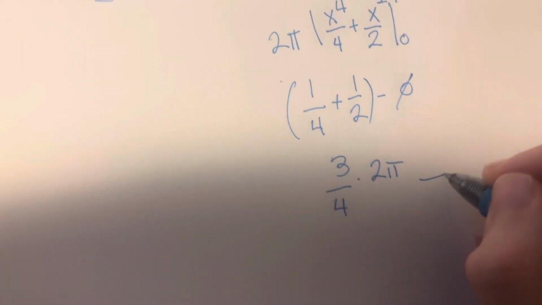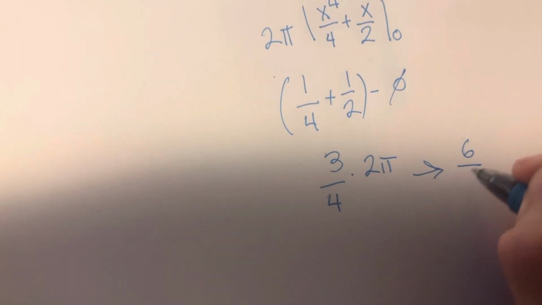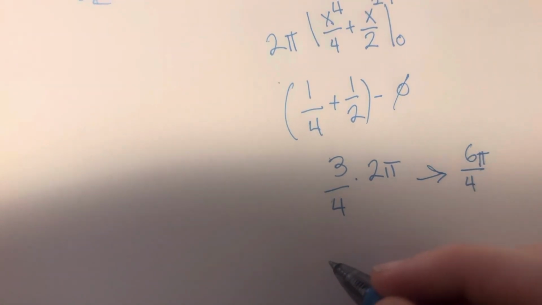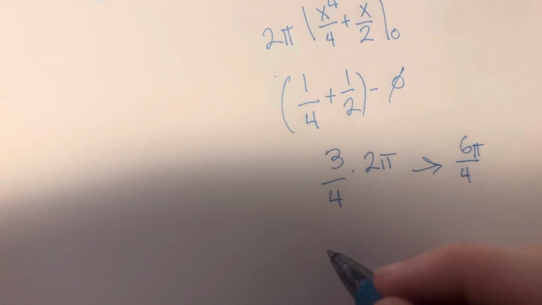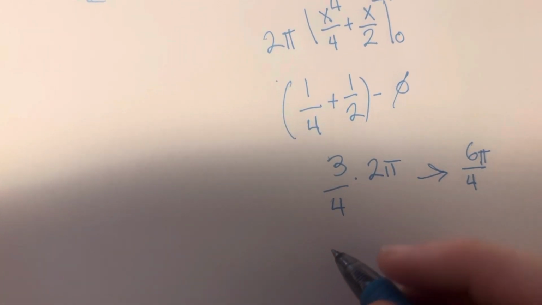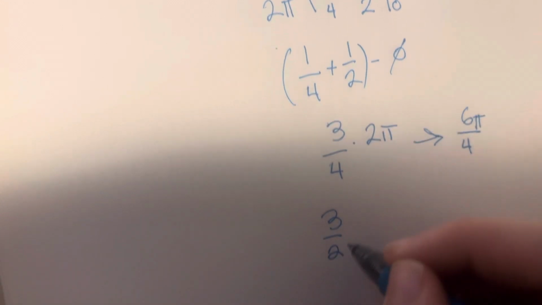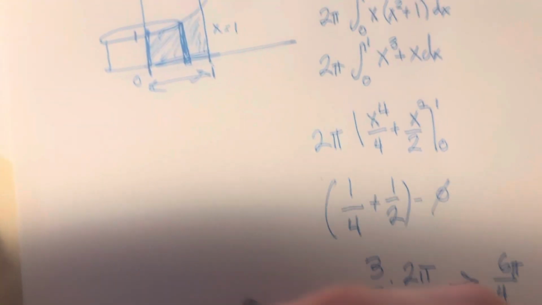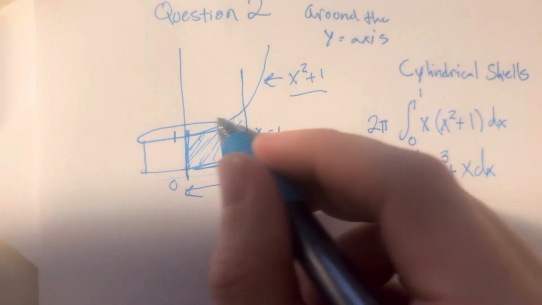That will give us 6 pi over 4, and 6 pi over 4, doing some elementary school math, we can solve this as 3 over 2 pi, giving us the volume of this rotated curve.